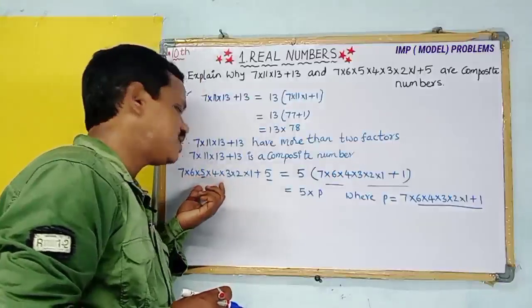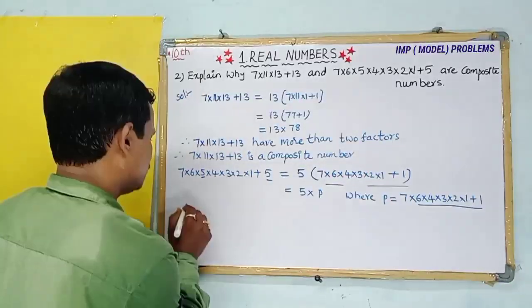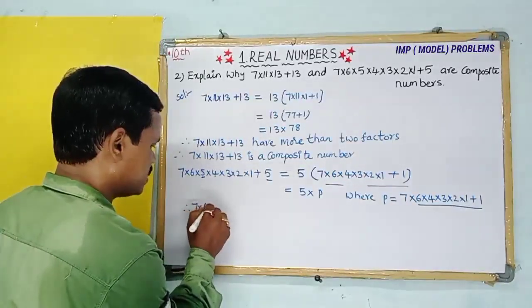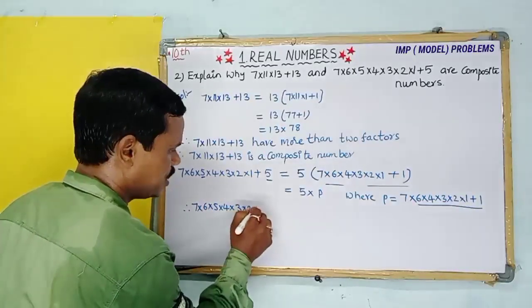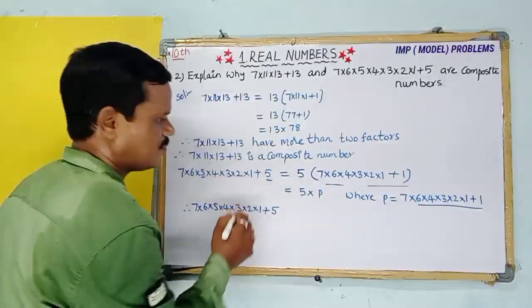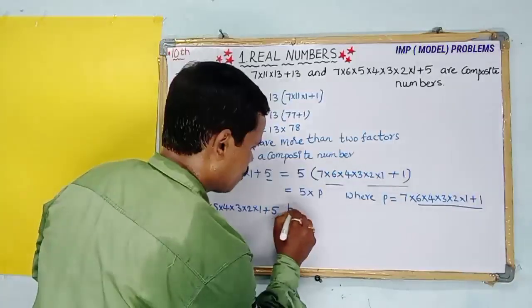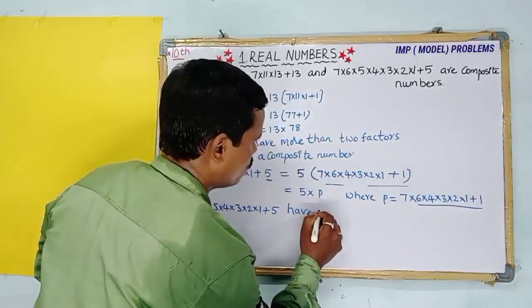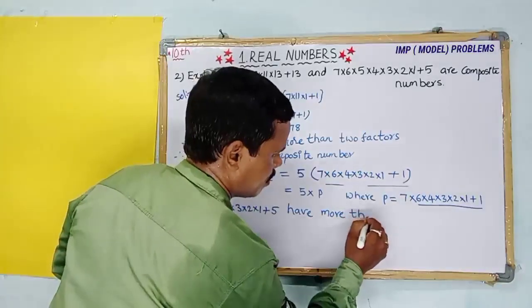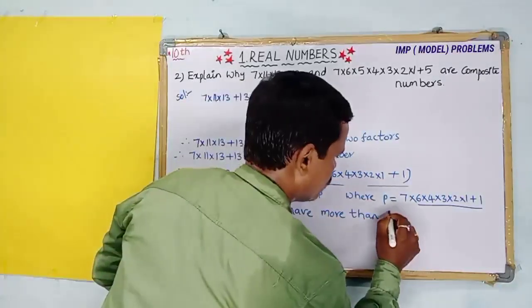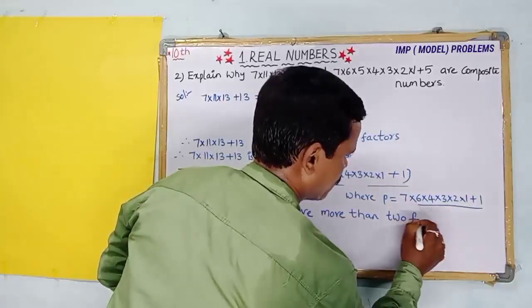So this number is a composite number. 7 into 6 into 5 into 4 into 3 into 2 into 1 plus 5 has more than 2 factors.